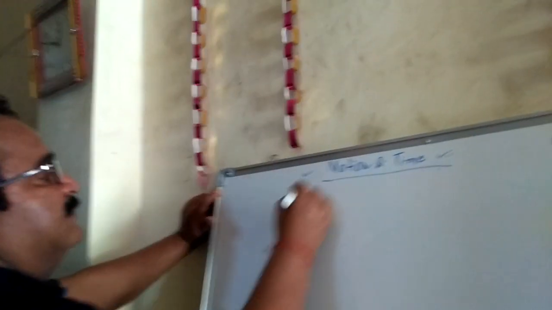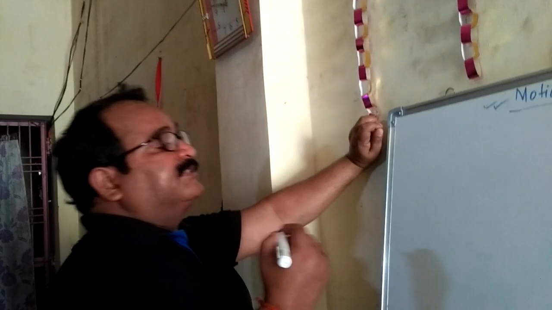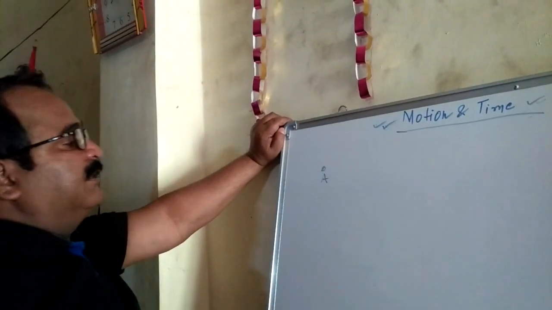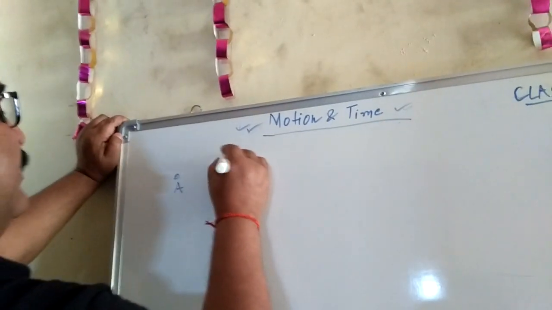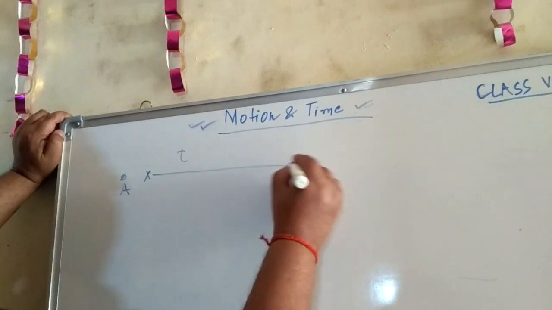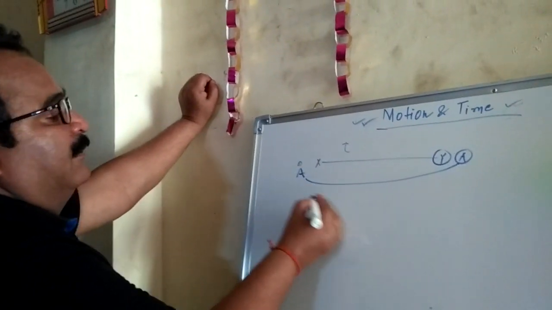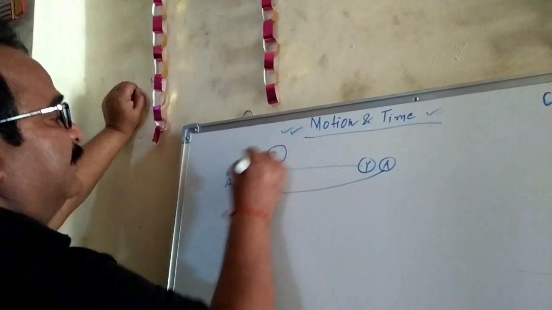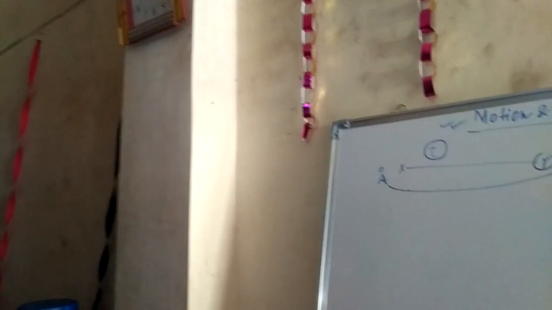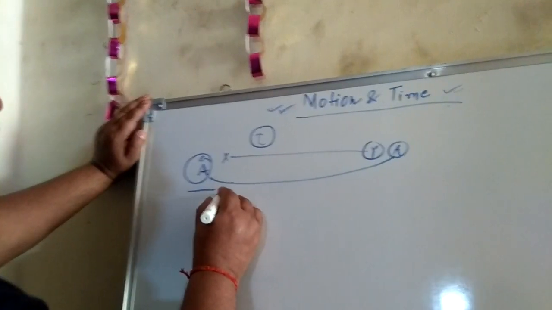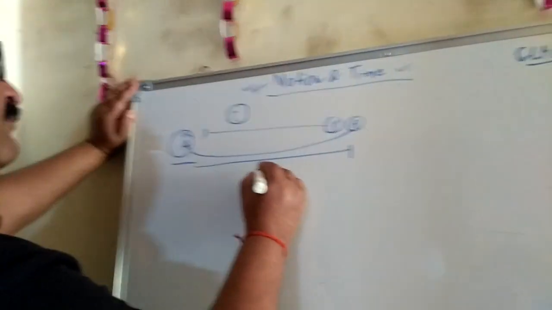So first we discuss motion. As you know, the basic thing behind motion is that suppose initially a body is at A, and after time t, we see that the body A reaches y. It means we conclude that the body A changes its position after time t.